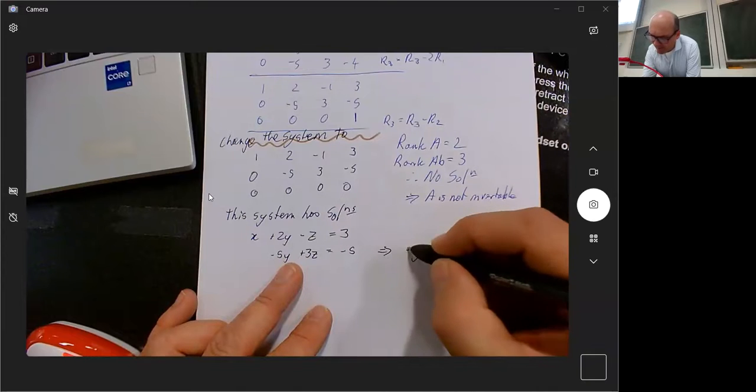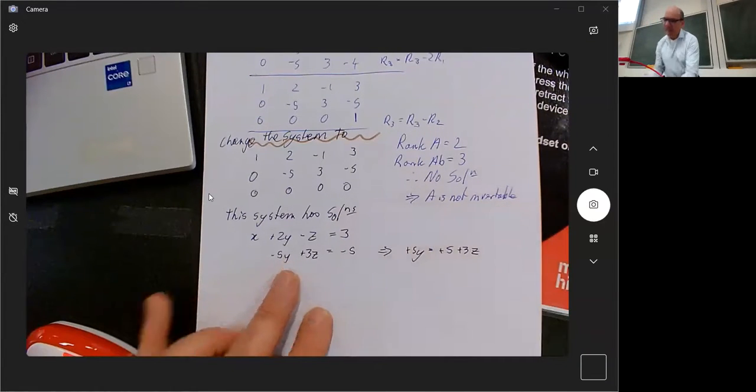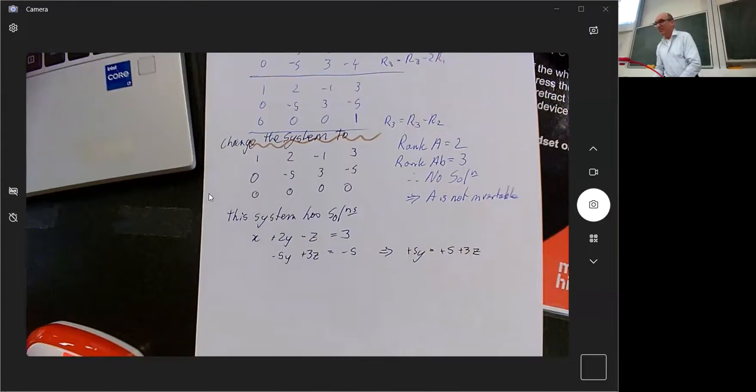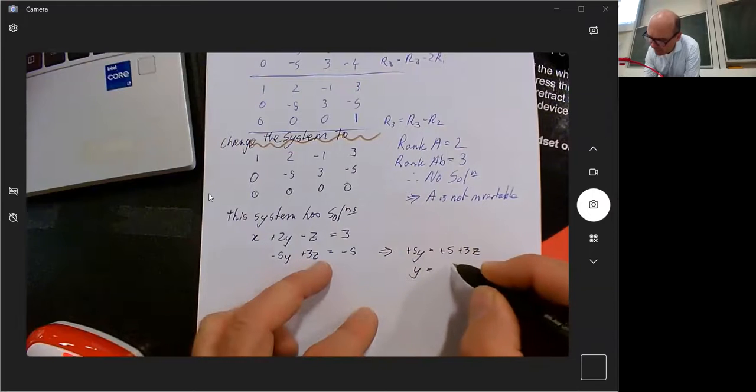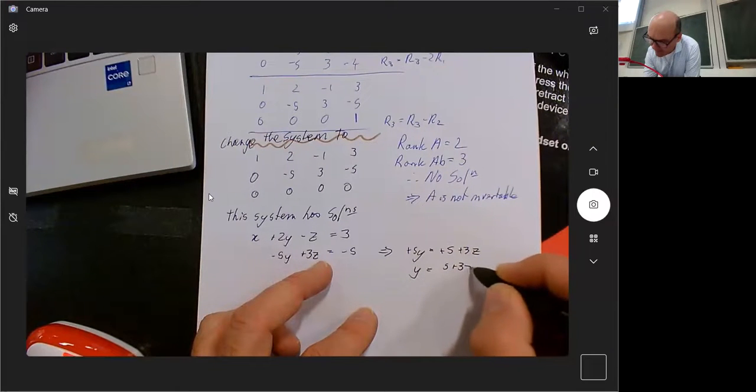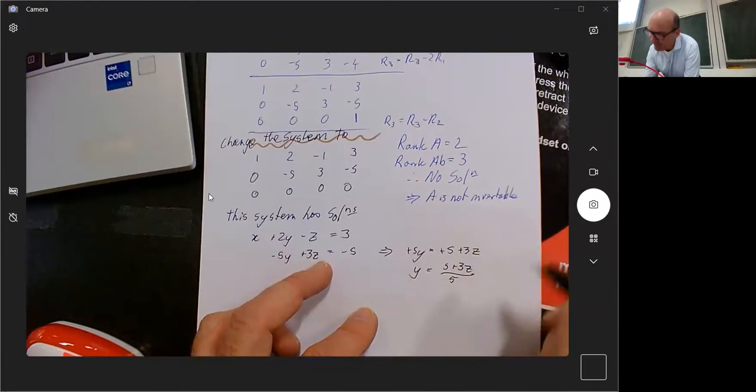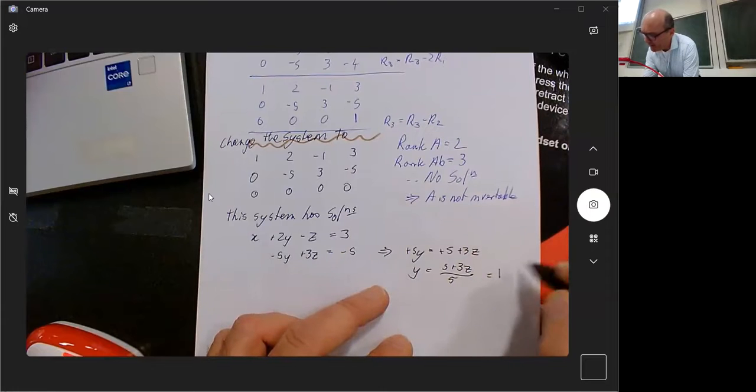I don't want everything to be minus, so I'll multiply through by minus 1 to make them all positive. I put the 3z on the other side, and so y is equal to 5 plus 3z on 5, which I'll write as 1 plus 3 on 5 z.